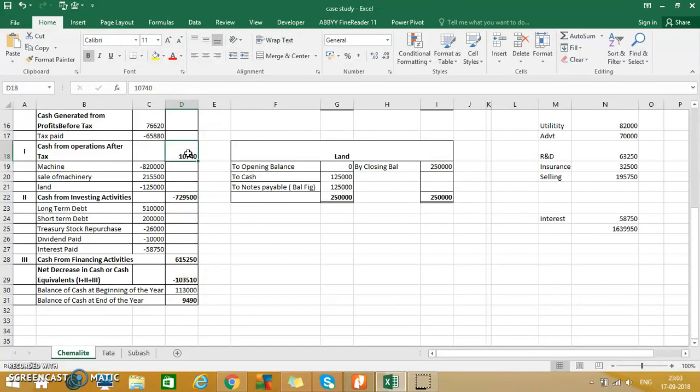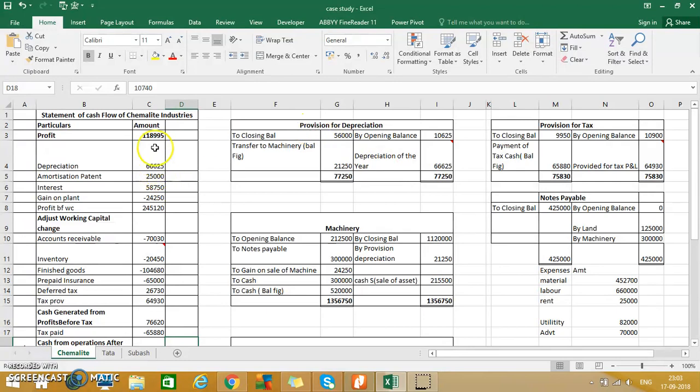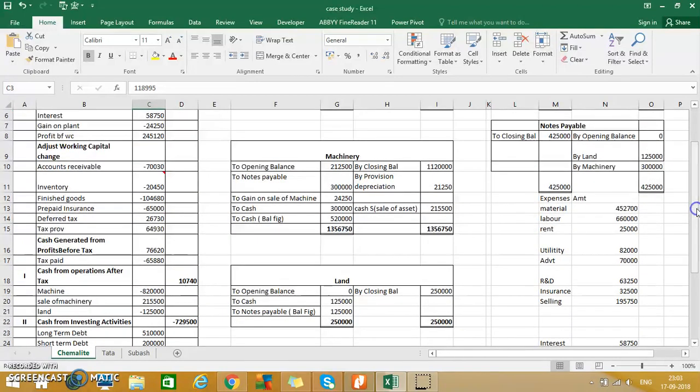The next thing is that though the company has been making a profit of $1,18,995, it has been left with only $10,740 as cash operating profit. The company is having less cash when compared to the profits reported in the P&L account.